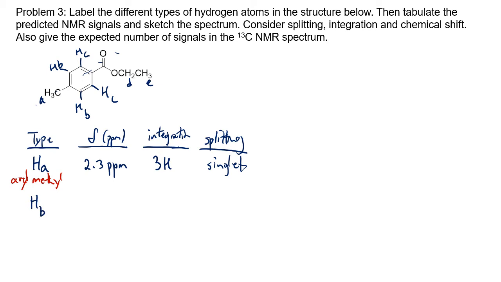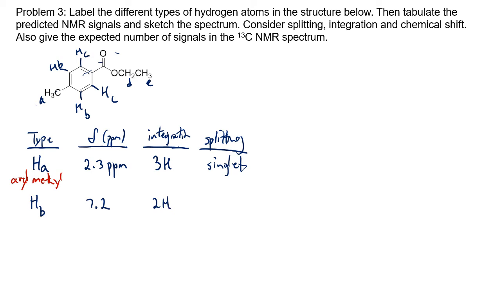HB is on a benzene ring. And typically if something's on a benzene ring, we're expecting something around 7.2. And that's close enough for government work for right now, as we're trying to sketch this out. We could go through the tables and estimate it a little bit better, but we'll leave it there for now. And there are 2 HBs, so this is going to be 2 H's.